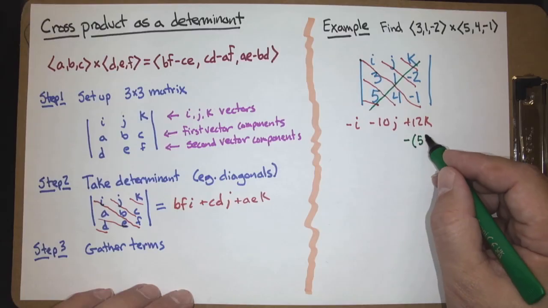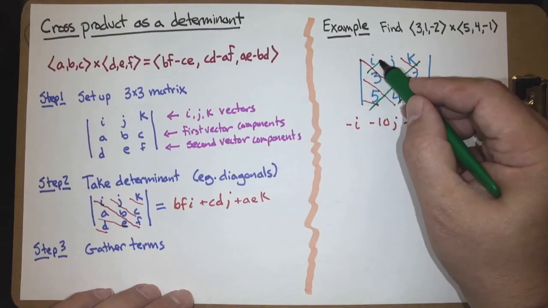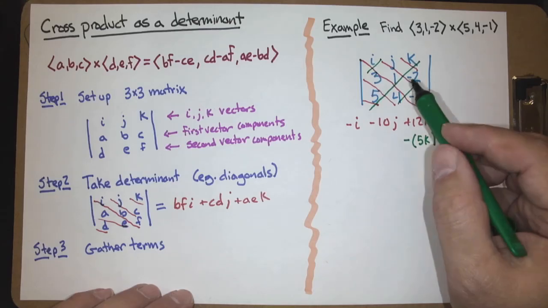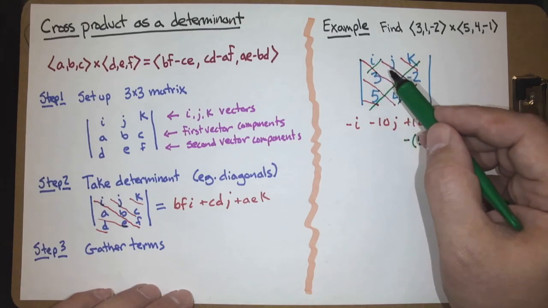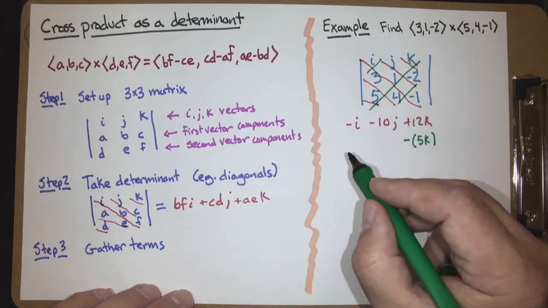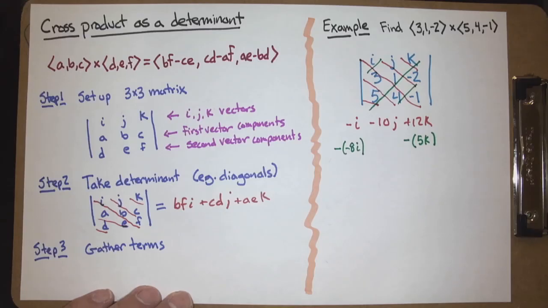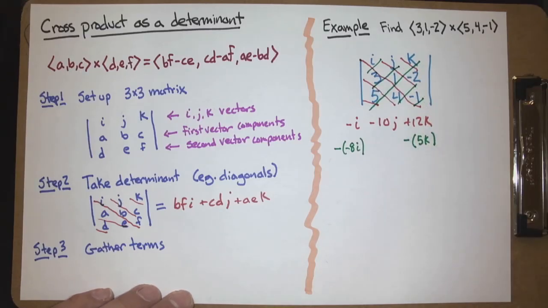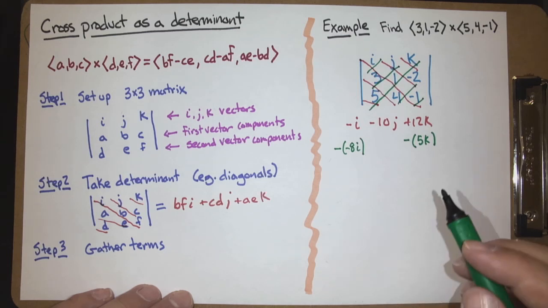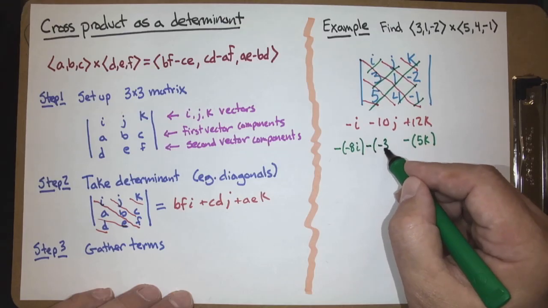So we're going to subtract 5K. 4 times negative 2 times I, so it'll be negative 8I, and we're going to subtract negative 8I, which becomes positive 8I, as somebody mentioned. Negative 1 times 3 times J will be minus 3J, and subtract it.